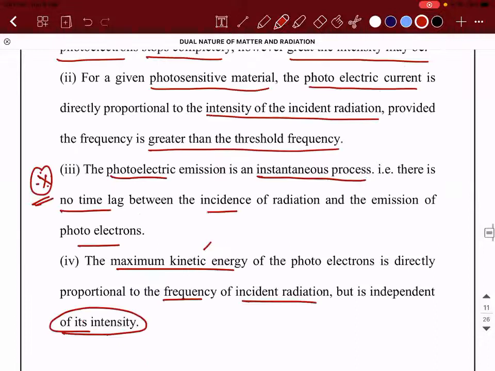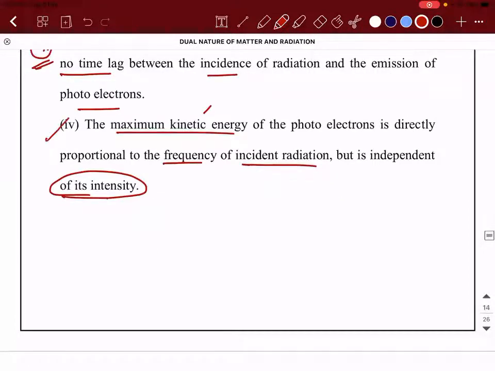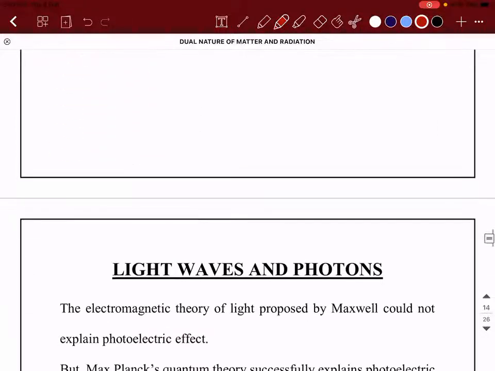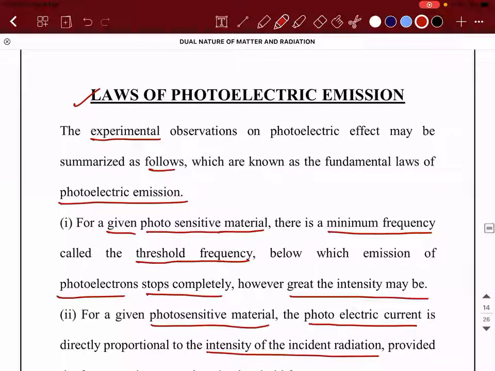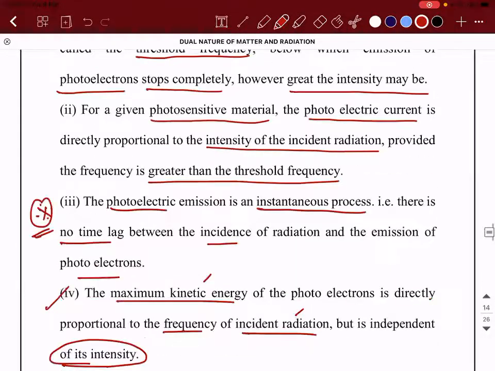So this is the point we are going to state: the maximum kinetic energy of the photoelectrons is directly proportional to the frequency of incident radiation, but is independent of its intensity. Are these points clear? Yes, that's clear. So these are all the conclusions that we have drawn from the experimental observations.